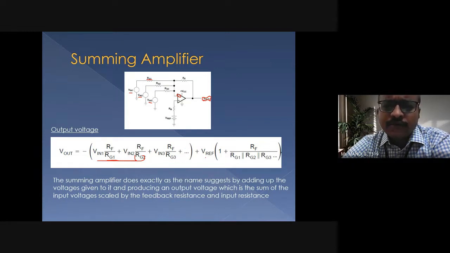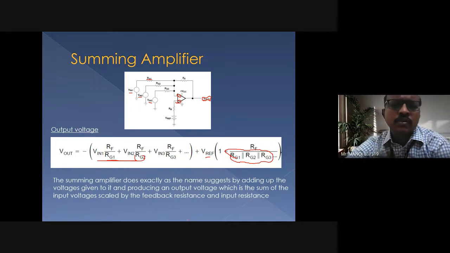Into reference voltage, this is coming under the inverting terminal, the value 1 plus RF divided by RG1, RG2, RG3, all in parallel. So that's how you calculate the output voltage.